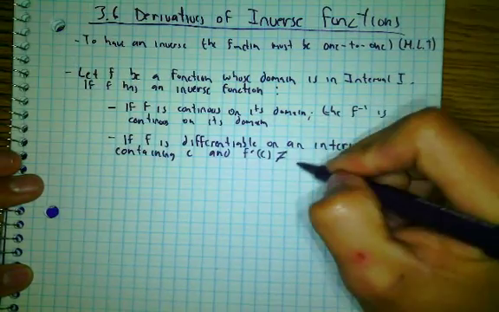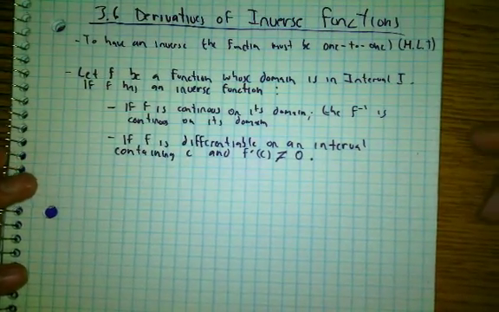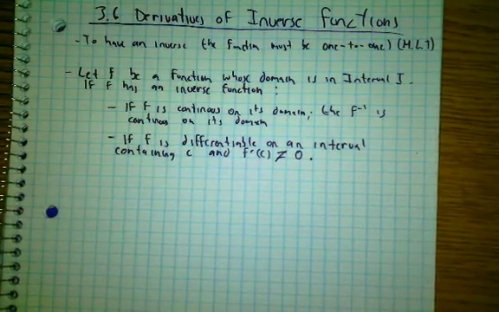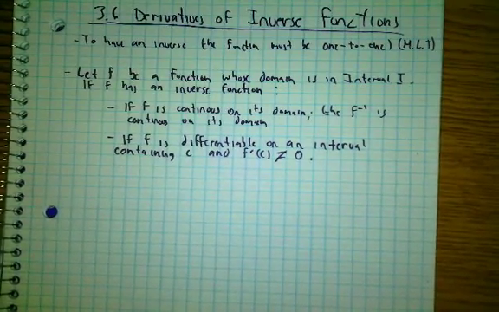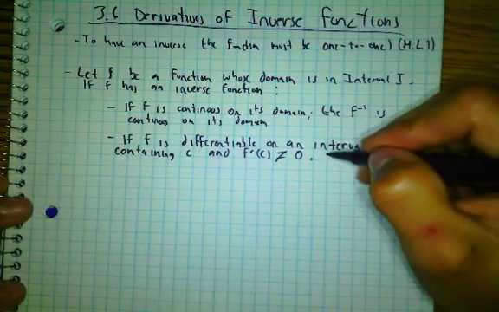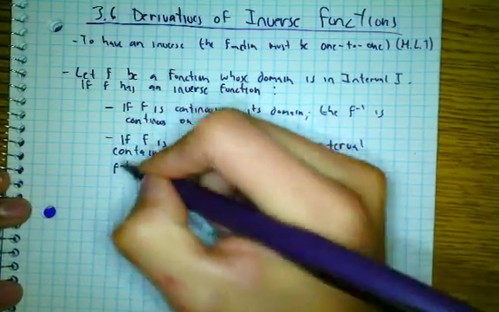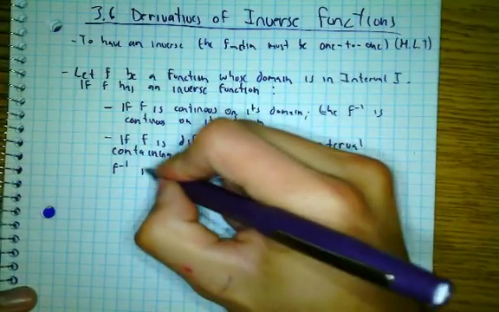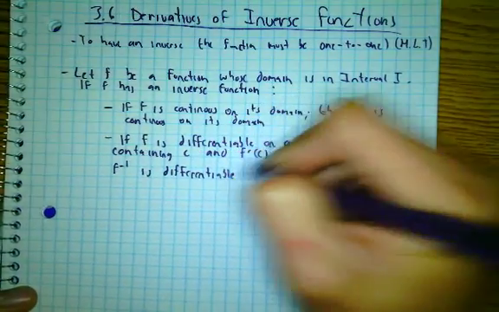So if it is differentiable on an interval, and there's some value in that interval, if you can differentiate that and evaluate at that value and it's not equal to 0, then the inverse of f is differentiable at that point.